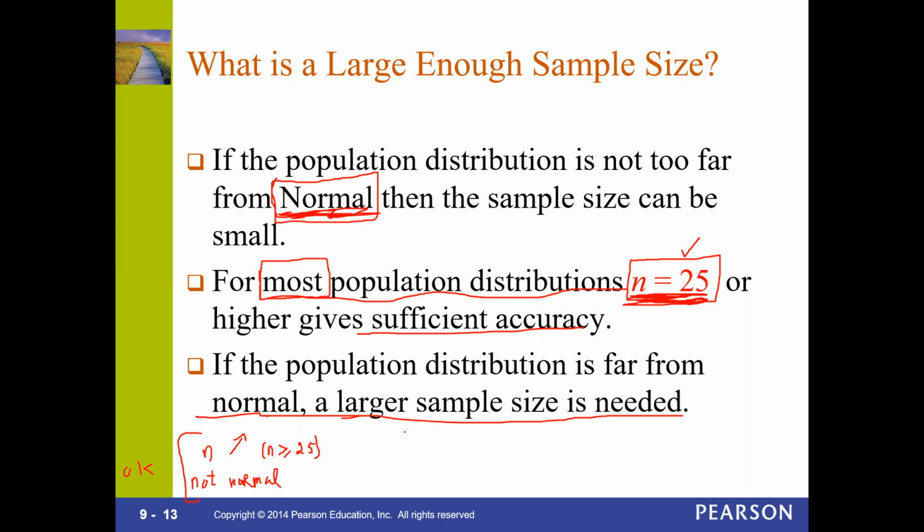Also, if n is small, maybe n is less than 25, that'll be small, and this one has to be normal.